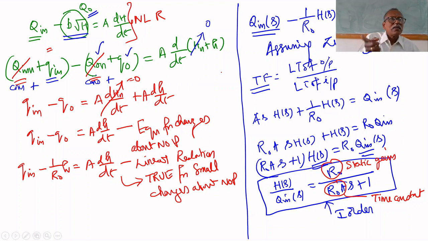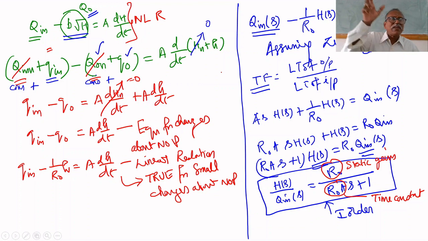R naught is the resistance at the outflow. If you change the valve opening, you are changing the gain and the time constant. So it is a different mathematical model. That's why don't play in the lab. If you play in the lab, you cannot finish the experiment in 3 hours, because you are getting a different mathematical model for different settings. It won't work.